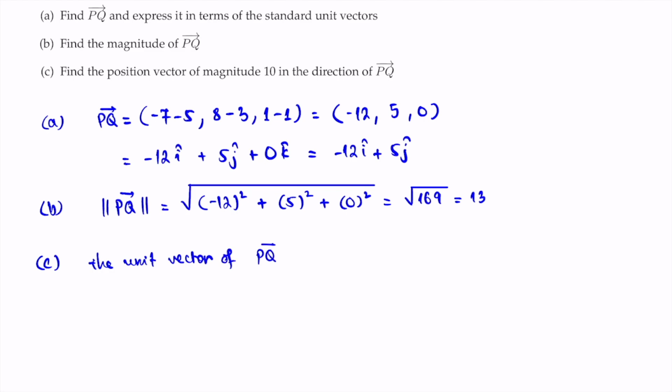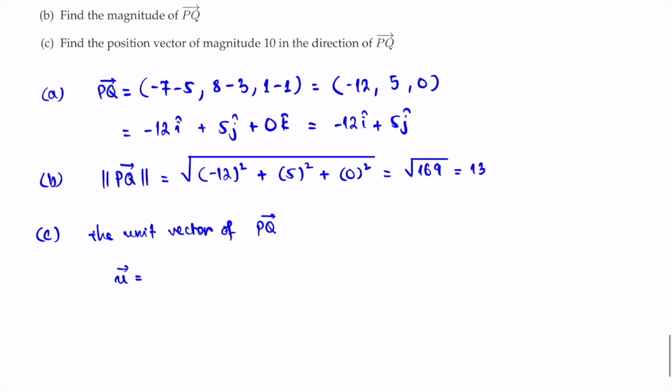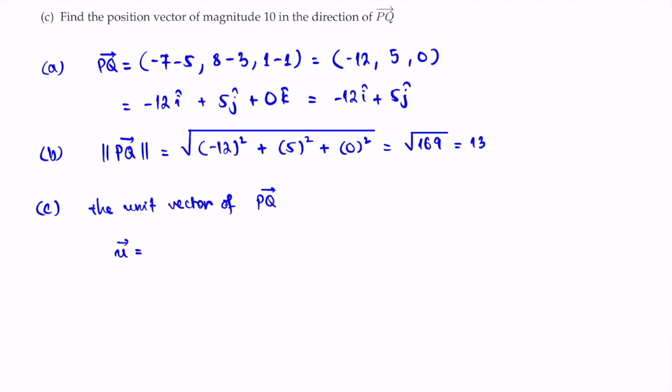So the unit vector of PQ can be calculated as, right, so you have u to indicate the unit vector of PQ is equal to PQ divided by the magnitude of PQ. So you get the vector PQ to be (-12, 5, 0) divided by the magnitude of PQ, which is 13 in this case.